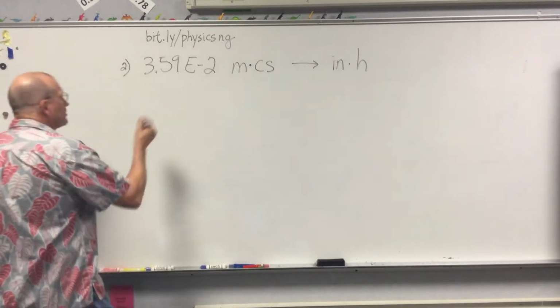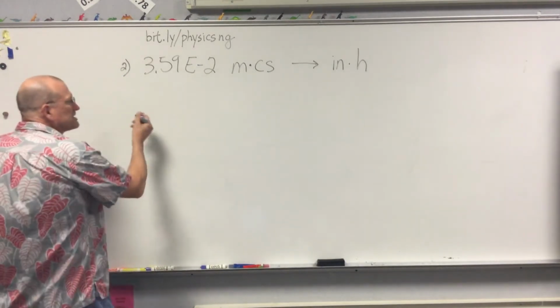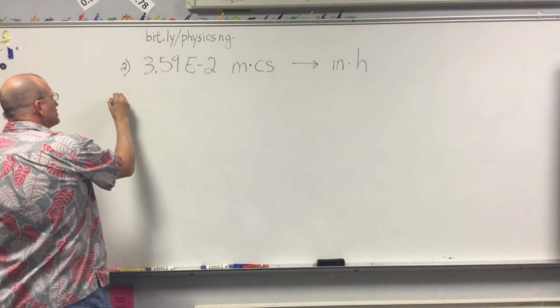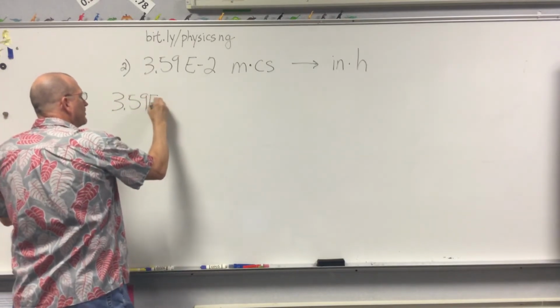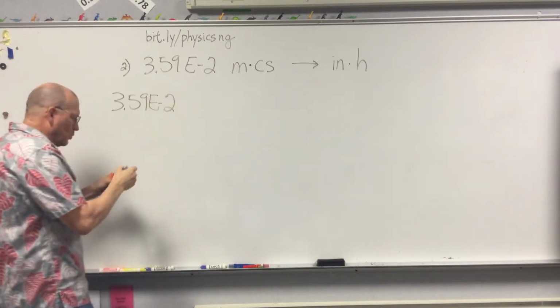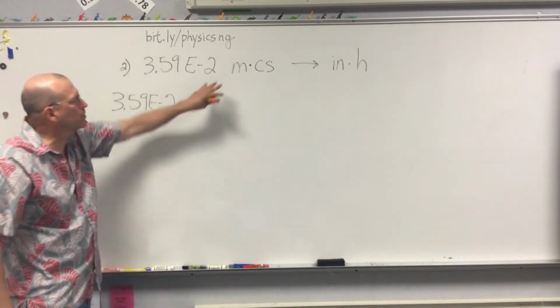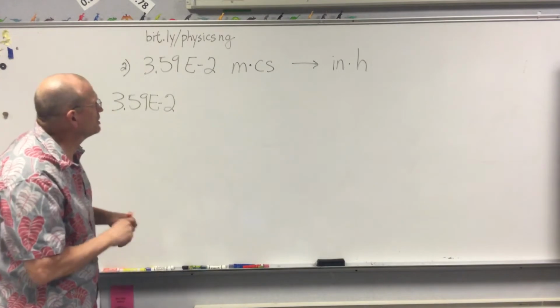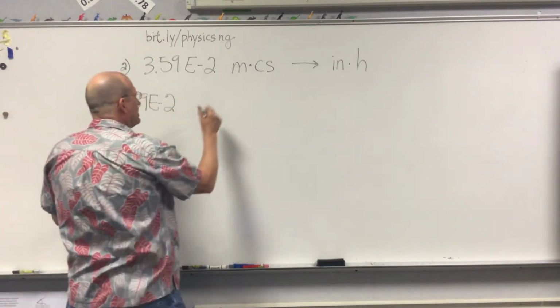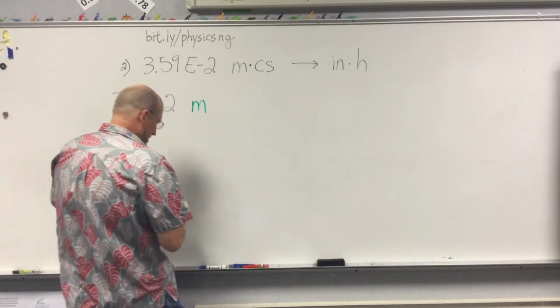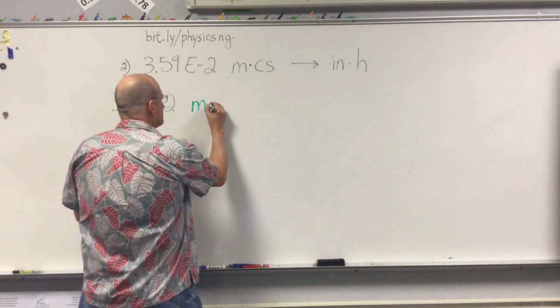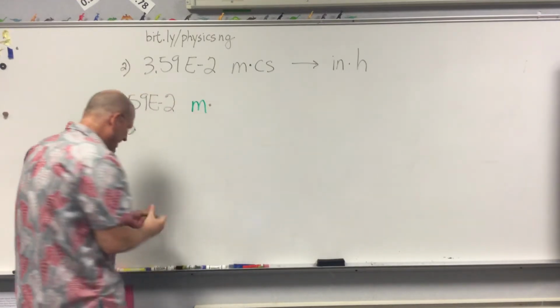So let's start this, and hopefully this will make more sense once you see an example. So I'm going to start in black with the value. But what I'm going to do is I'm going to color code each of these. So I'm going to use the length unit here in green, and I'll use black for that.